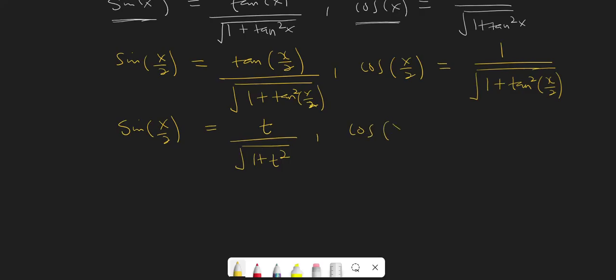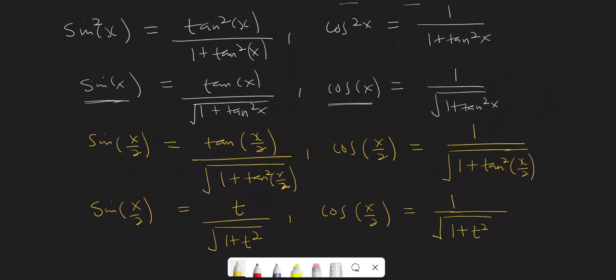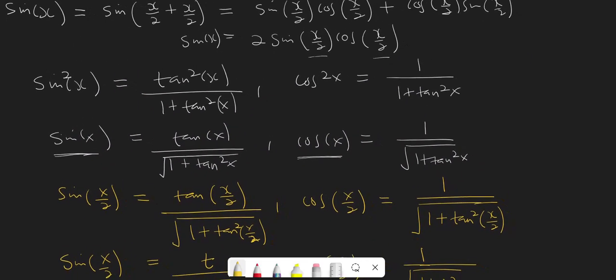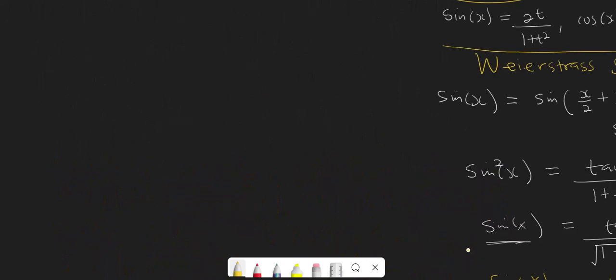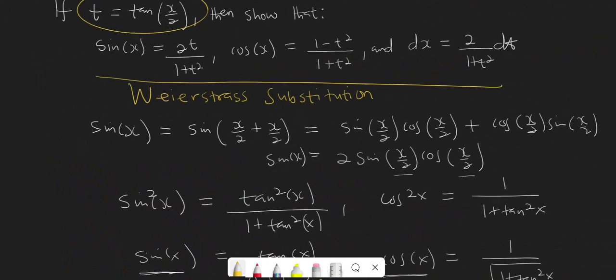Next, cosine x over 2 should be equal to 1 over the square root of 1 plus tan squared x over 2, that is t squared. So we have gotten an expression for sine x over 2 and cosine x over 2 in terms of t. We can plug them back into our expression for sine x. So we can just plug them back here.